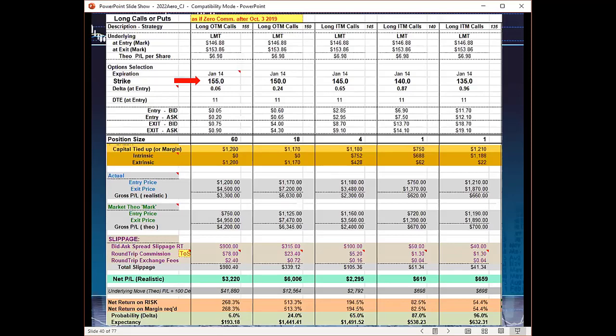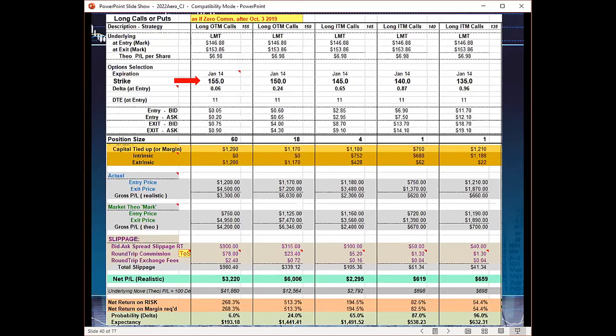And the underlying was Lockheed. The underlying price at the time of entry was 146.88. A week later at the time of exit, it was 153.86. So there was about a $7 move in the underlying. We used out of the money calls, the 155 strike.